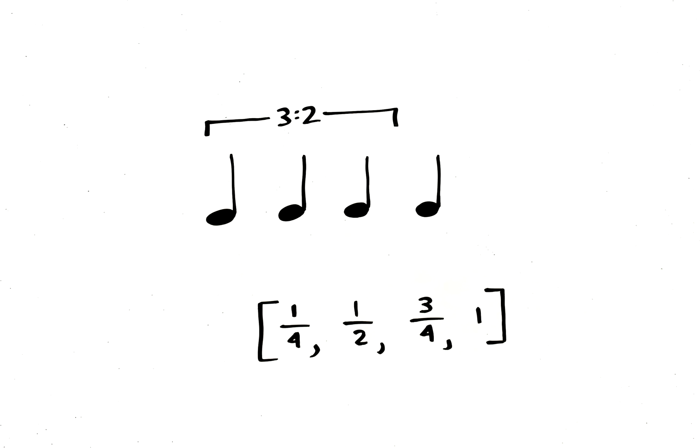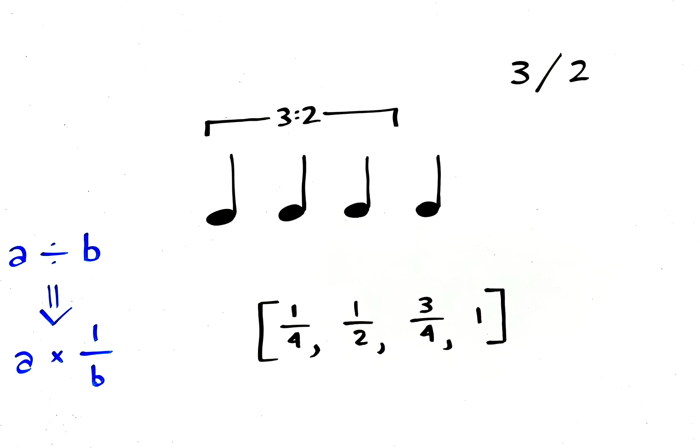Now, if we put a 3 against 2 tuplet over 3 of these quarter notes, it is going to divide their lengths by the number in the bracket. We can get this number by replacing the colon with a division slash, so 3/2. Therefore, this tuplet is going to divide the lengths of these 3 quarter notes by 3/2. Now, dividing by a number is the same as multiplying by that number's reciprocal.